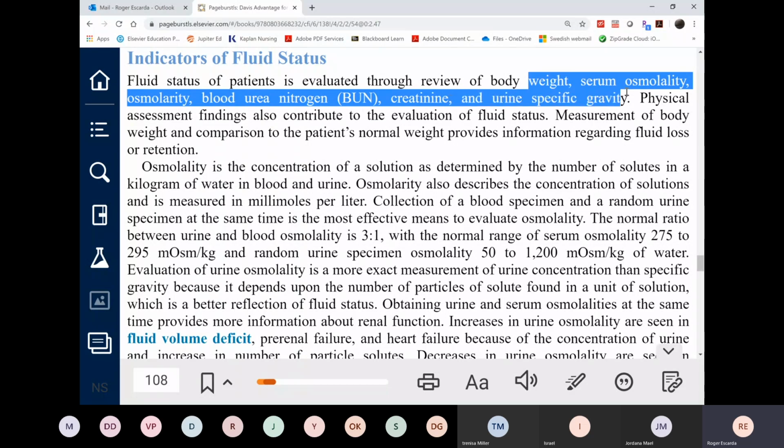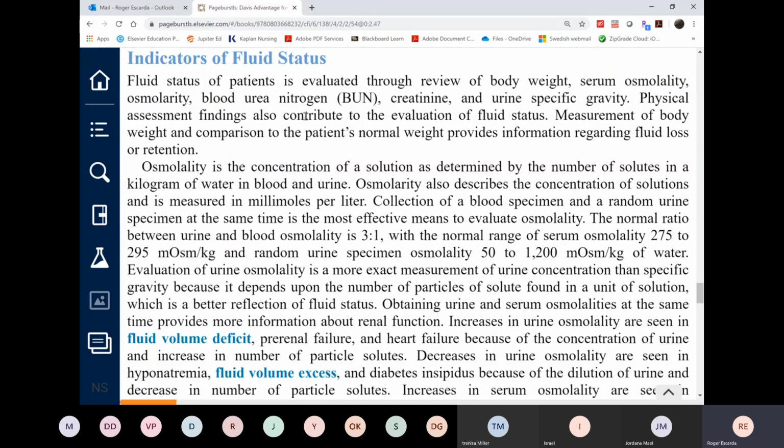BUN and creatinine are metabolic waste products which are eliminated by the kidneys. So that will be your indication whether or not the kidneys are working. And we know that the kidneys' role is to regulate fluid and electrolyte balances as well as elimination of metabolic waste.